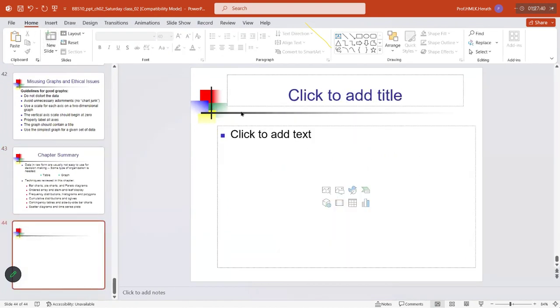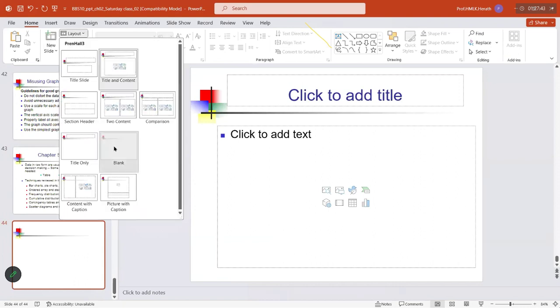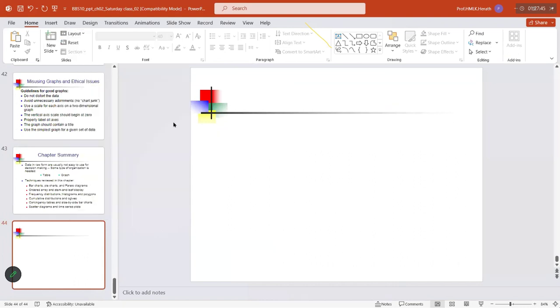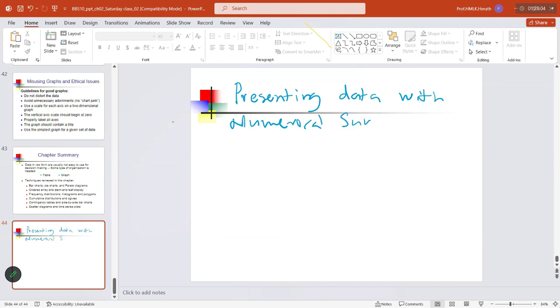Next we talk about presenting data with numerical summary measures.